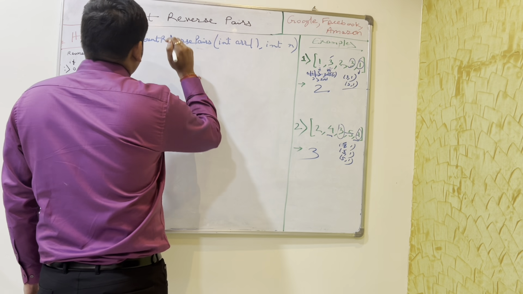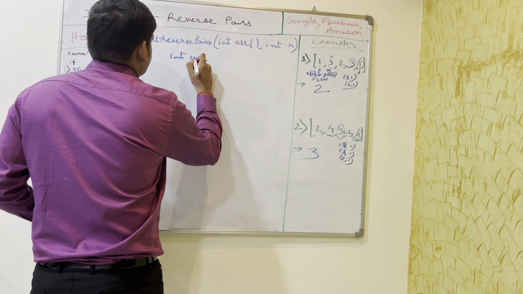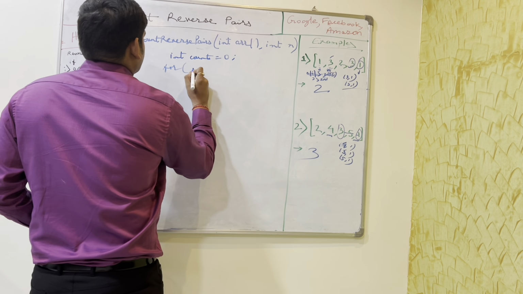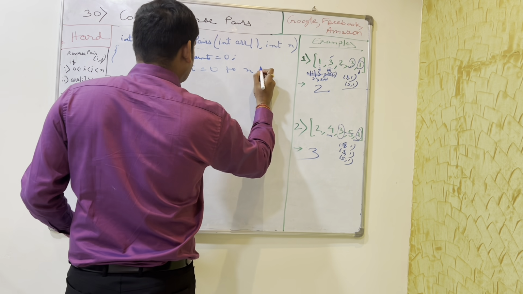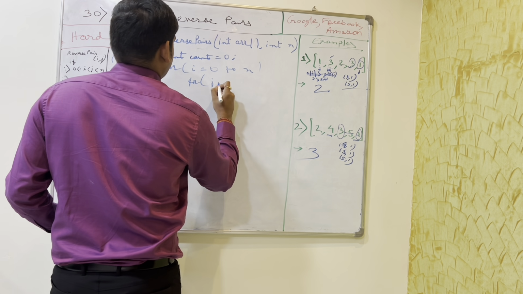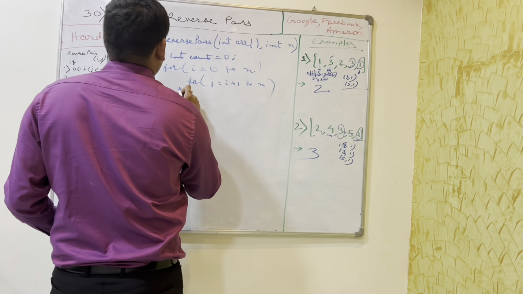So why are we saying it is a hard problem? Int count equal to 0, and then for i equal to 0 to n, and j equal to i plus 1 to n, of course n minus 1 I mean.